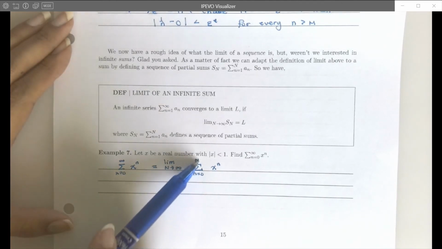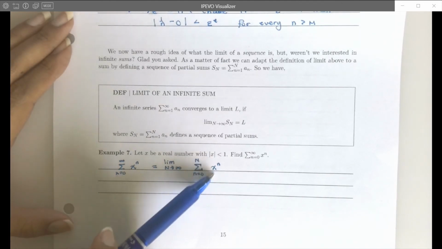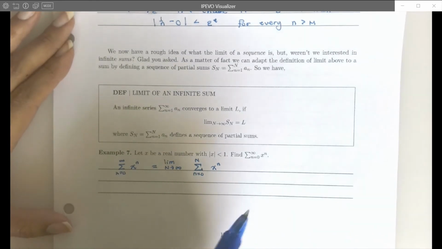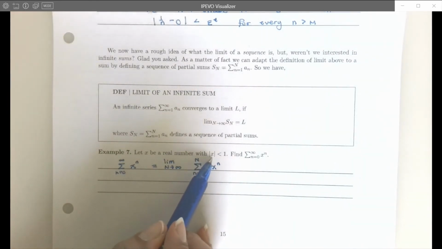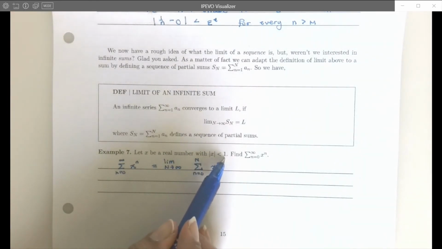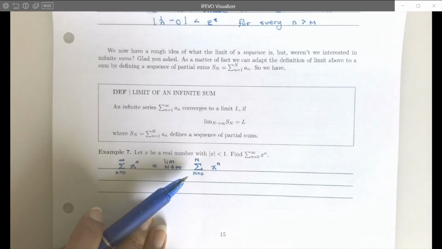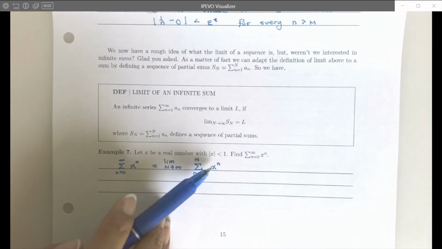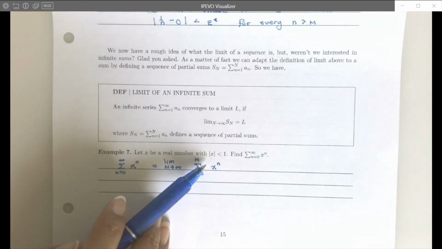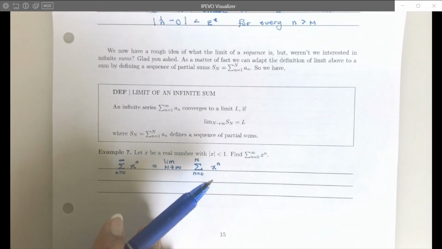Now, what is this going to sum to? Well, notice they tell us that the absolute value of x is less than 1, so it's not 1, and we can actually try to use one of our special formulas here to help us out, because we have seen powers of r being summed together.